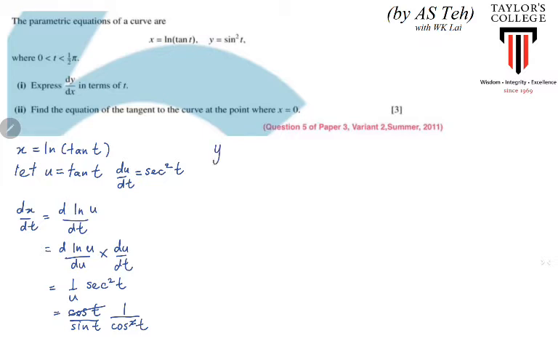So y is sine squared t. I can again do a substitution where I let v equal sine t, so dv per dt gives me cos t. Now let's look at the differentiation of y with reference to t.